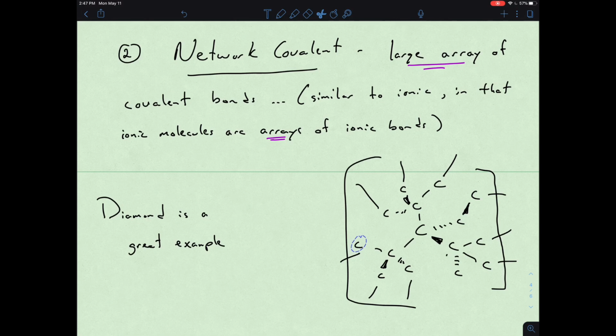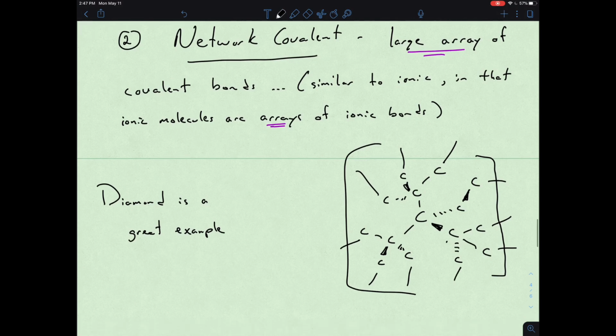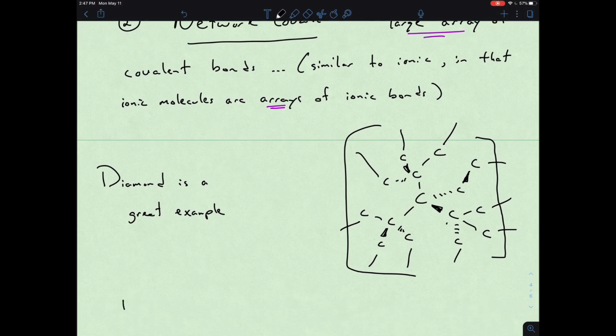So it has very similar attributes to our ionic system, in that this is also one of the strongest forces.